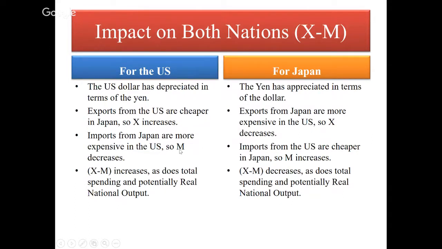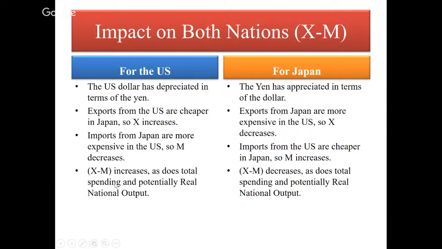Imports from Japan are more expensive in the United States, so they import less from Japan. That means the net exports become less negative, more positive. That's an increase. It's part of the total. There's no change in domestic spending. Remember, consumer, gross private investment, and government spending are strictly domestic. But if the net exports are increasing, the total for gross domestic product is increasing, and so is total spending.